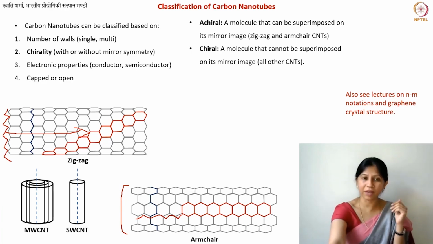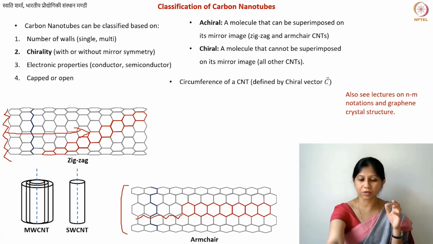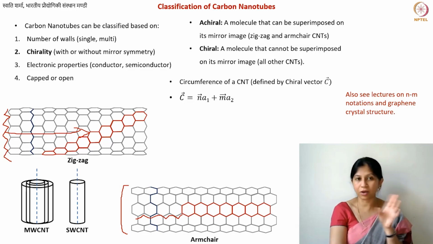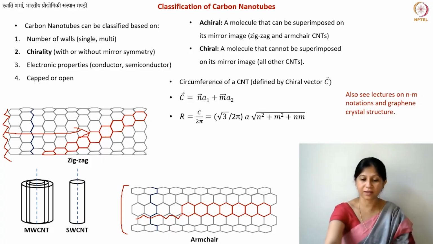By the way, in the case of semiconductors, I will mention the band gap somewhere. The point is that the conducting nanotubes have a zero band gap, and there is a higher probability for you to find them, and this is also one way of classification. Of course, capped and open is another way of classification.